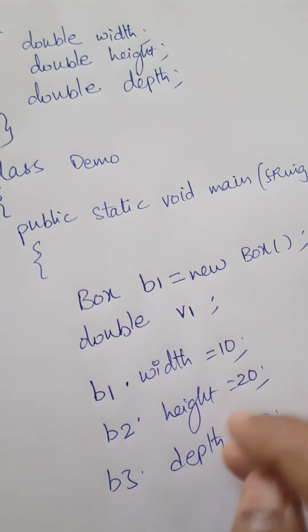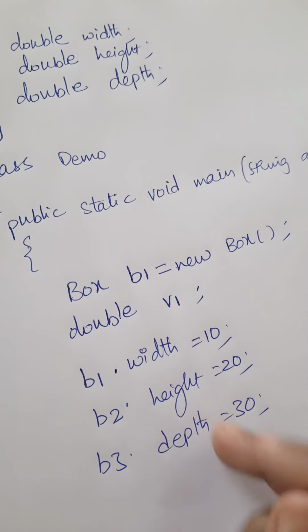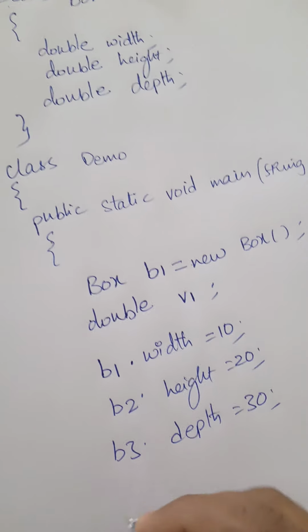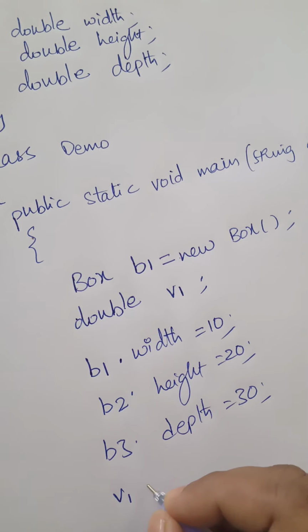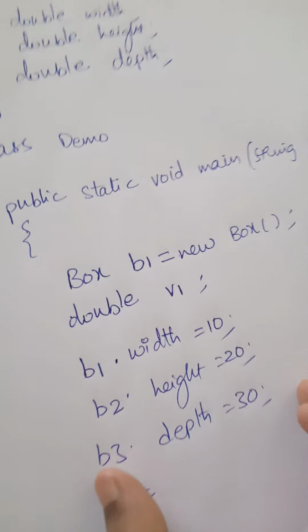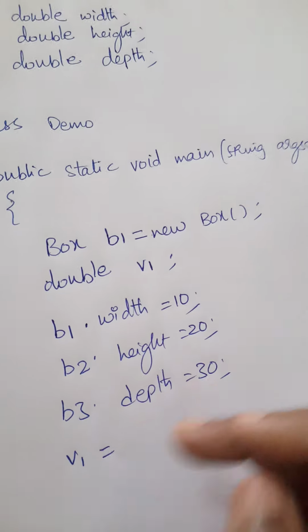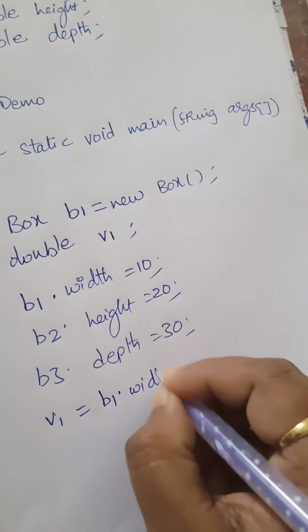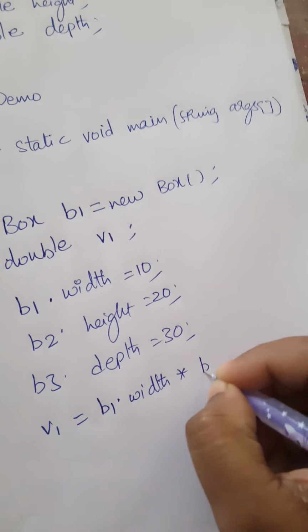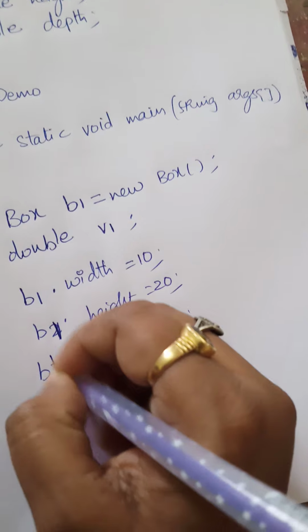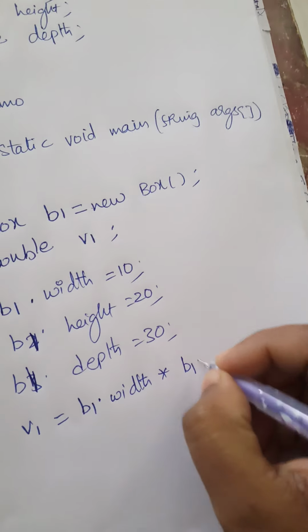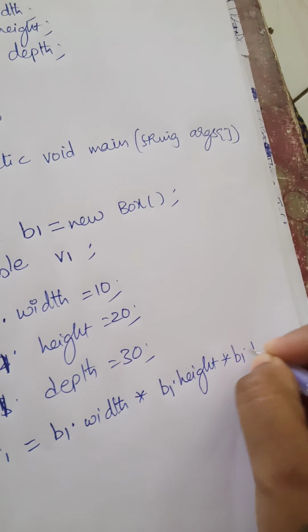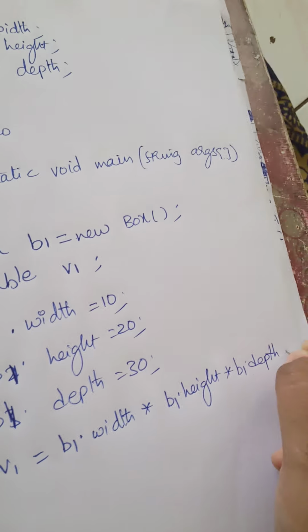We have assigned all these. Now we are computing the volume. So v1 is equal to b1.width into b1.height into b1.depth.